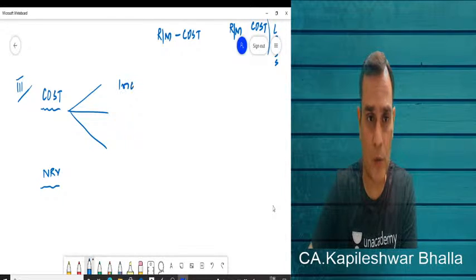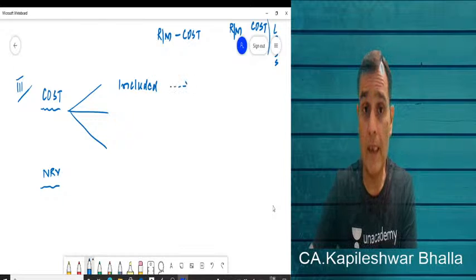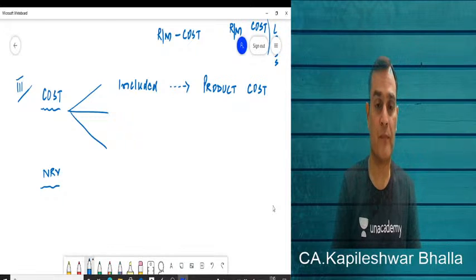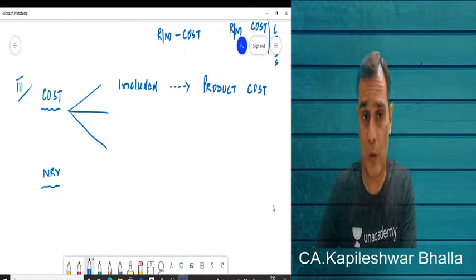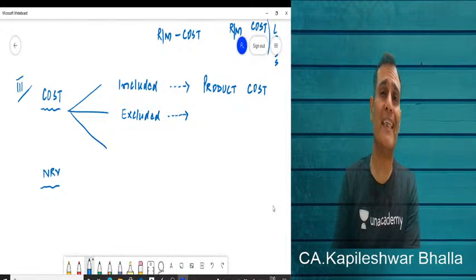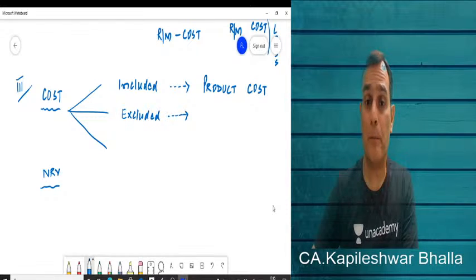One is cost which is included in inventory valuation. This is technically called a product cost. When we use the word product cost, it means something which is included in inventory valuation. Then there is a list of cost which is excluded in inventory valuation, and we technically use the word period cost.